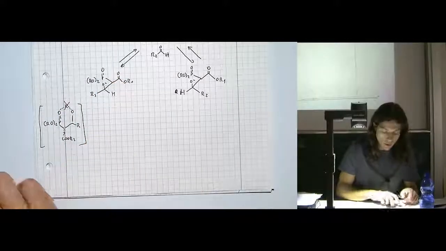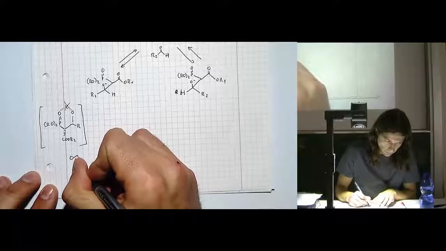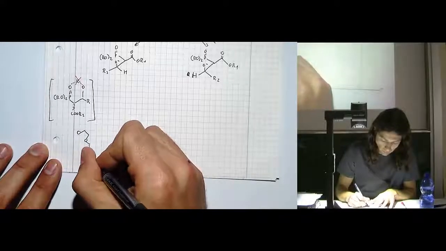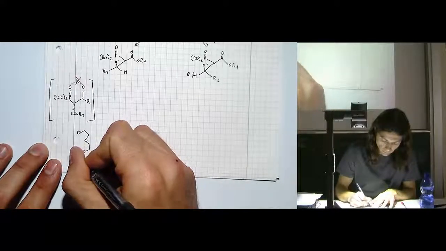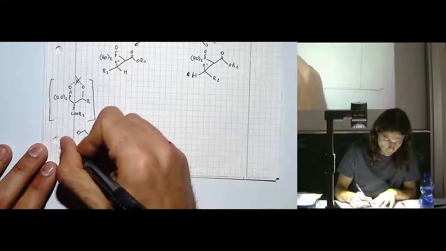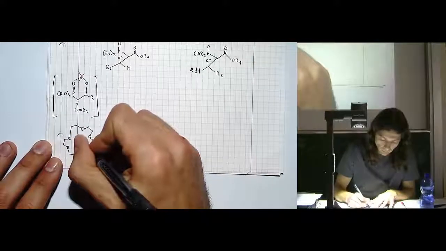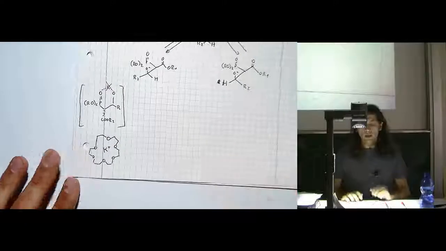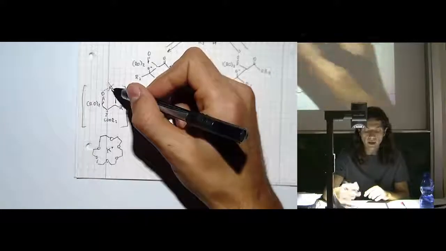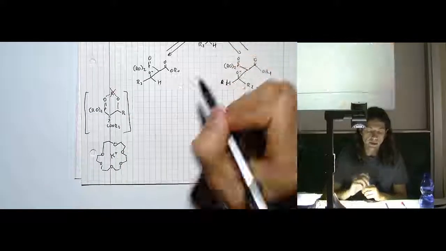So this is the crown ether, and it can interact, as I said, with the potassium, extracting it and preventing it from interacting and therefore stabilizing these species.